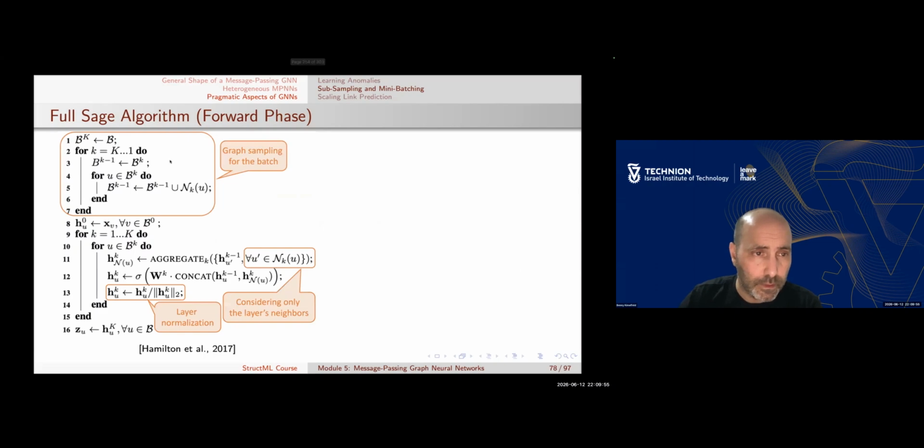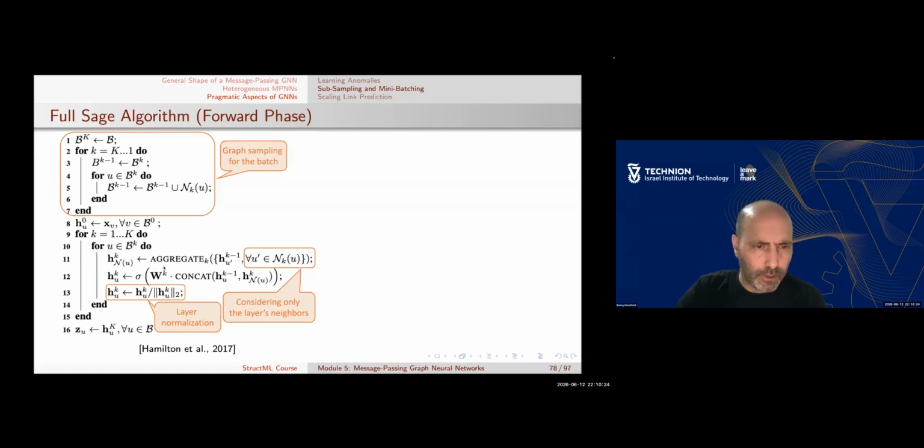You can see that here they produce these Bs, these batches. This is from the original paper. So they define the sets of nodes, the Bs, BK, from the nodes by sampling neighbors, and then when they apply the GNN, this is a standard GNN, right?